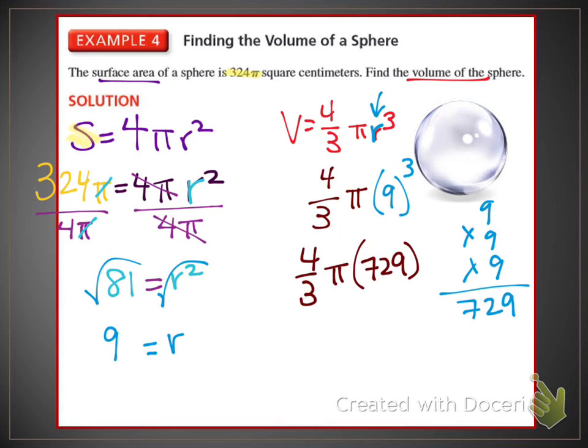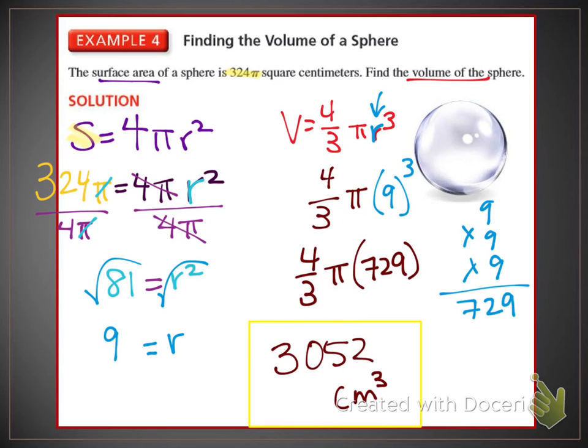So 4/3 times pi times 729. 3,052, and that's it. Centimeters cubed. 0.001 something. Yeah, that's good. Good. I think we have one more.